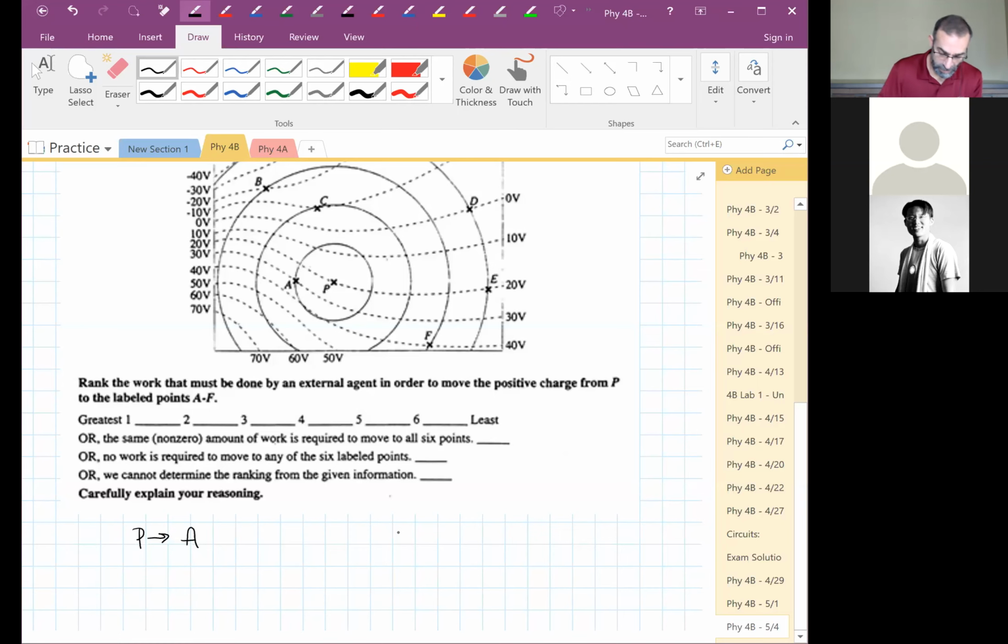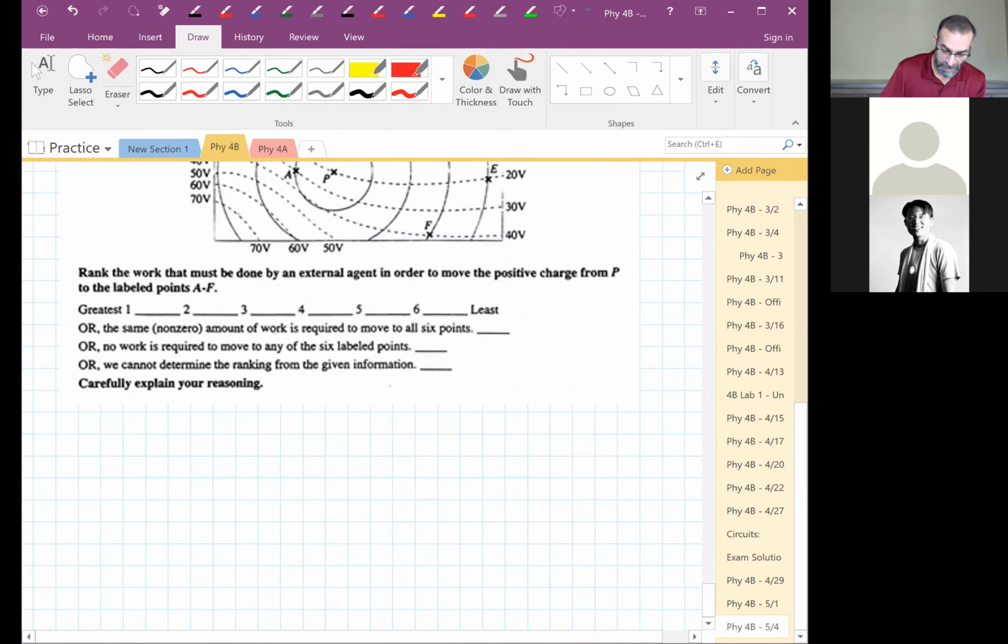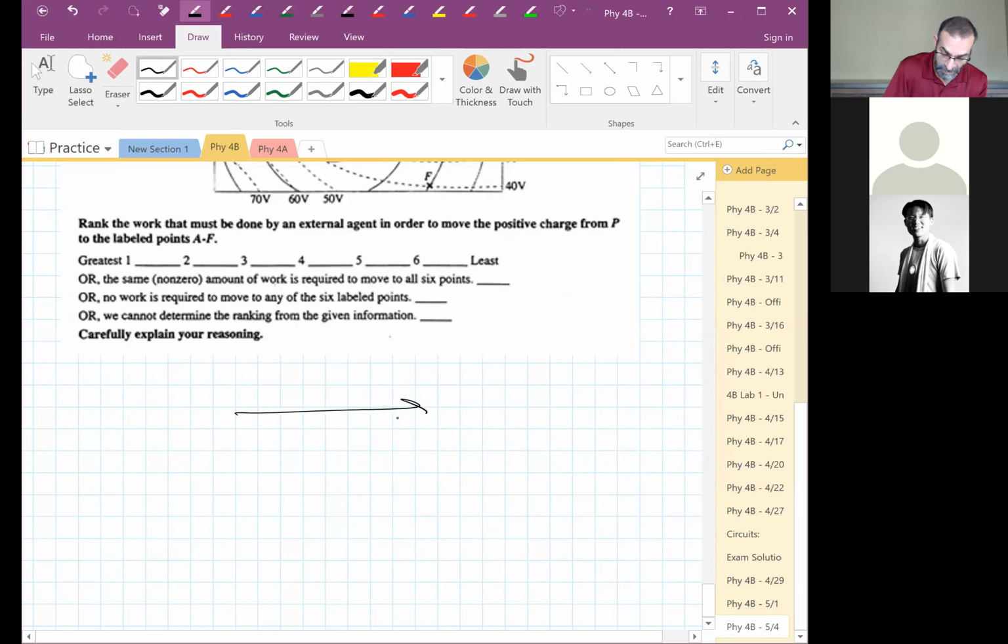Let's just take a quick example here. We have an electric field in some region of space, and we want to move a particle from, whatever, A to B. Let's make it a positive charge.